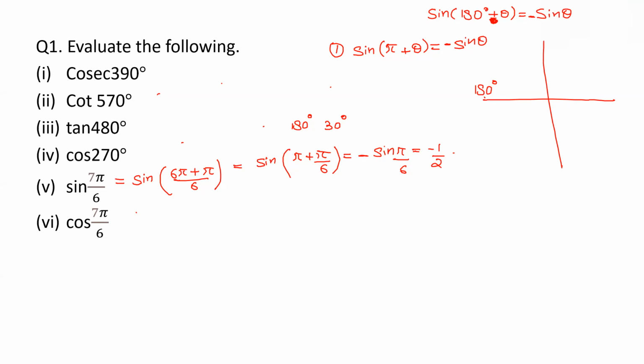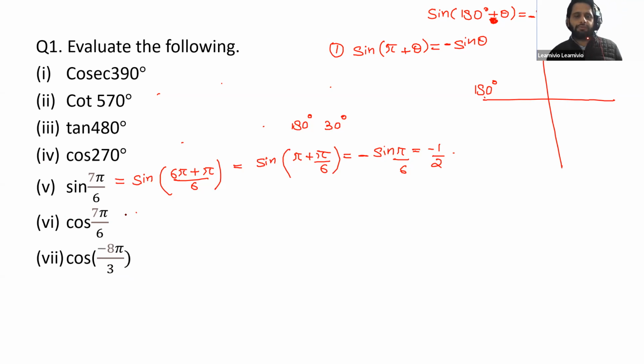Sir, is it minus cos 30? Yeah, that's correct. Put the value of cos 30. Yes, sir. Okay, very good. You can put the value. Then please try this. Cos minus 8 pi by 3. So first of all, please tell me what is cos minus theta.